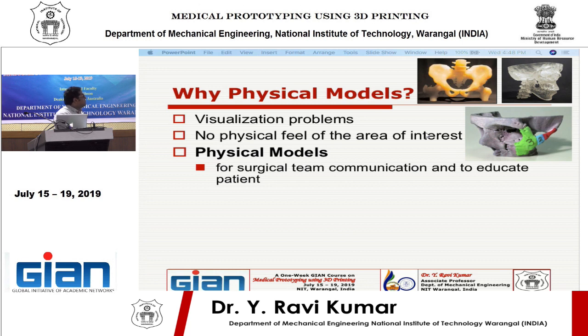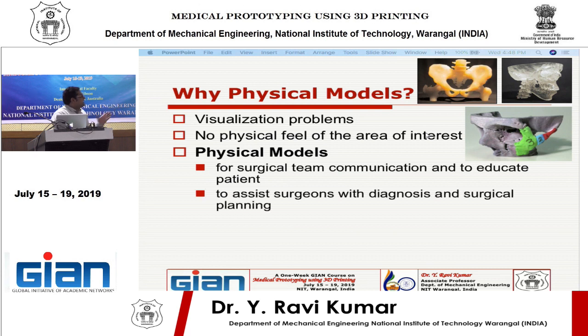So it's wonderful once you have a physical model. The surgical team will communicate, and sometimes you can educate the patient. Once you have a physical model, this is where there is a tumor, or this is what has happened, there is a disease which we are going to operate on, so you can educate them and assist the surgeons with diagnosing or surgical planning.